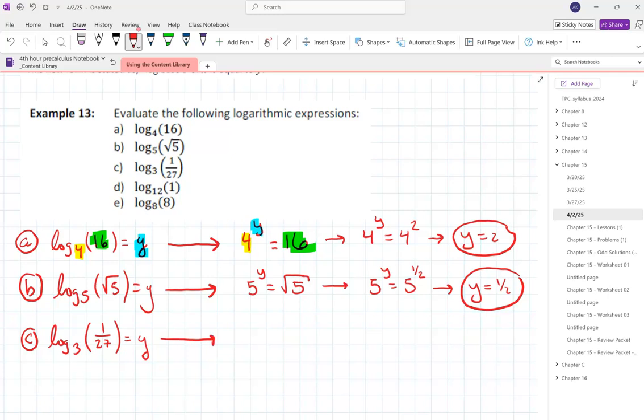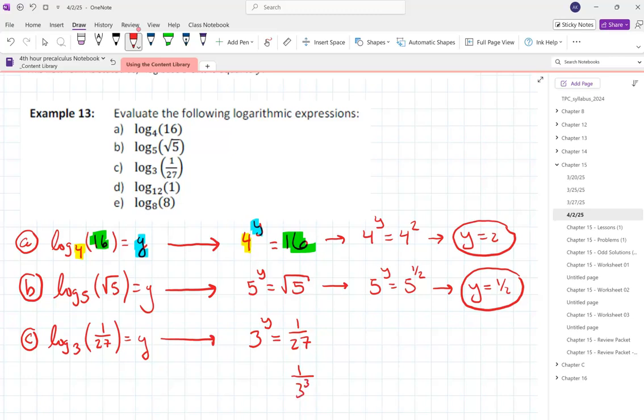So again, doing the same thing, use my definition of a logarithm to rewrite this as an exponential equation. Now here it might not be quite as easy to tell how to rewrite 1 over 27 as some power of 3, right? Well, hopefully you recognize that 27 is 3 to the 3rd.